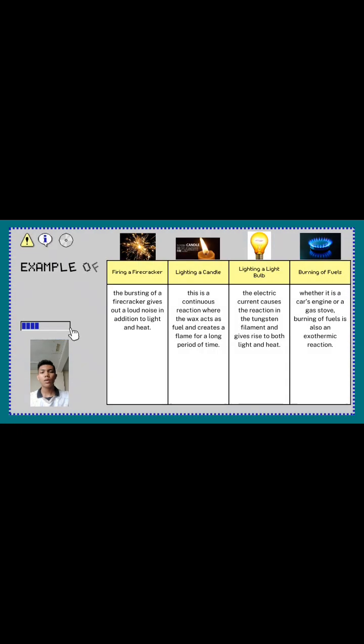Now, I want to show you the example of the exothermic reaction. We have firing a firecracker. Why does firing a firecracker undergo exothermic reaction? It is because when you light up the firecracker, it will produce heat and light.